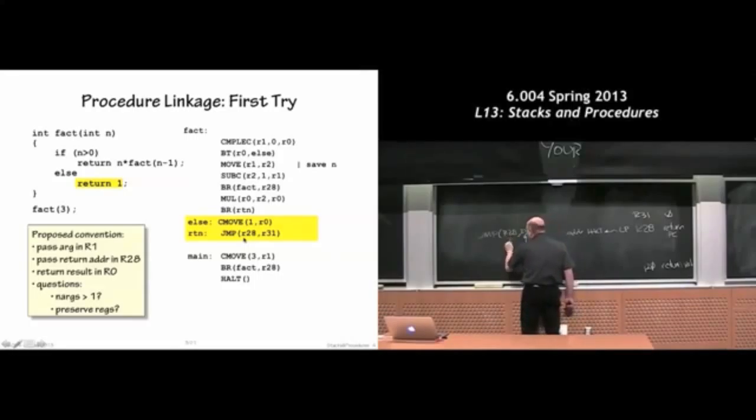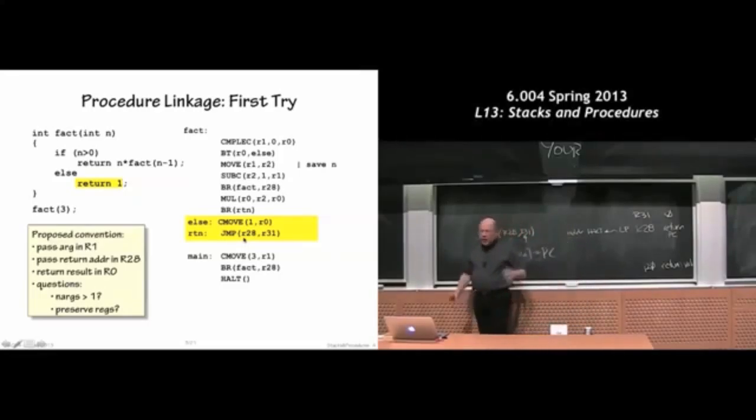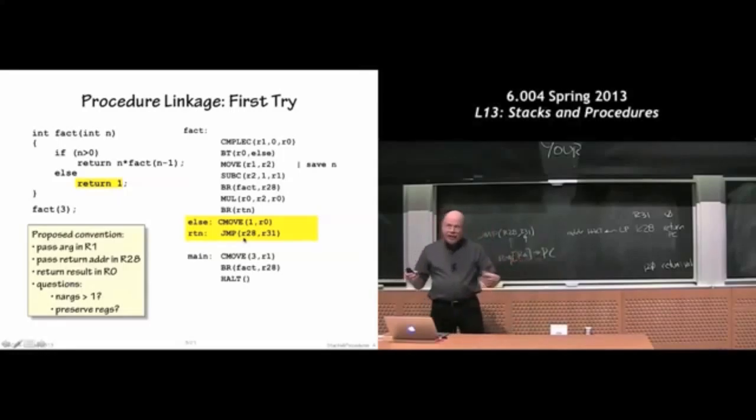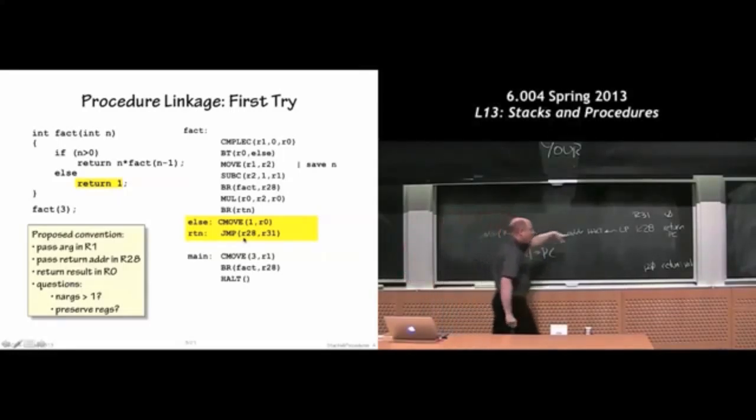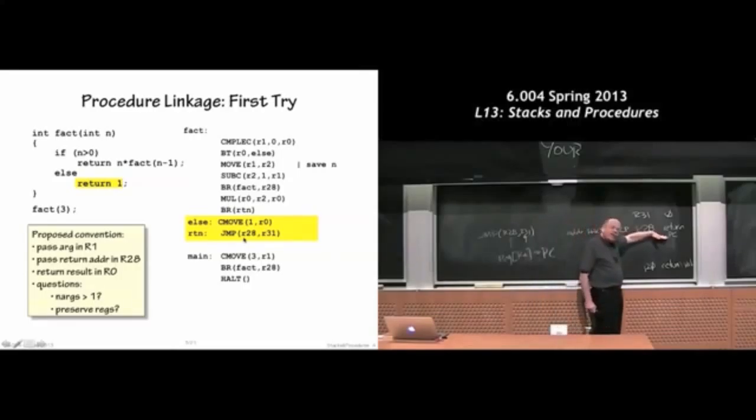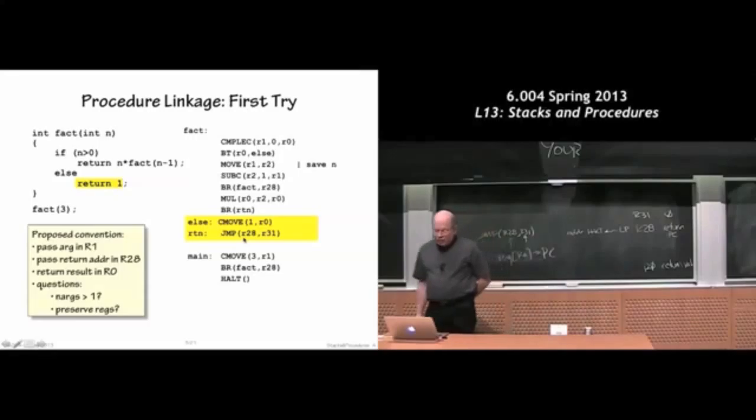But what jump does is to take the value of that register and stick it in the PC. So this takes the contents of reg RA, in this case R28, and simply sticks it into the program counter. So there's nothing conditional about it. It's not testing any values. It just says, take this number and stick it in the program counter. And the number I want to stick in the program counter is the value I passed in R28. So that's where I wanted execution to resume.